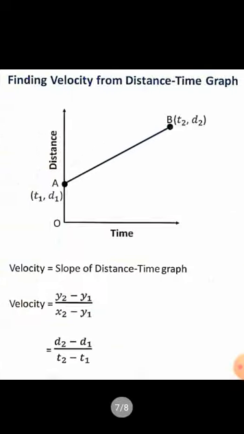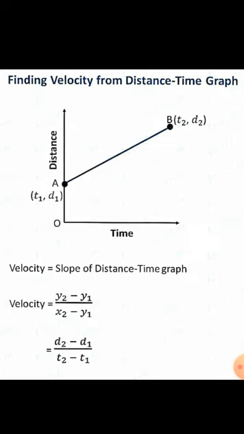Now, let us see how we can calculate the velocity of an object from a given distance time graph. Remember, distance or displacement and speed or velocity, they have the same meaning in graphs. Now, in this graph, you have to calculate the speed.